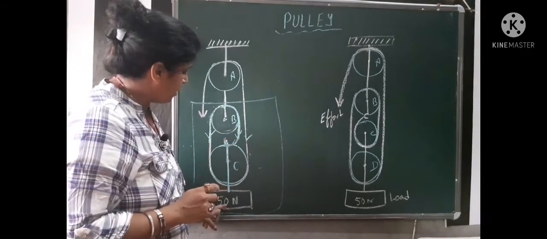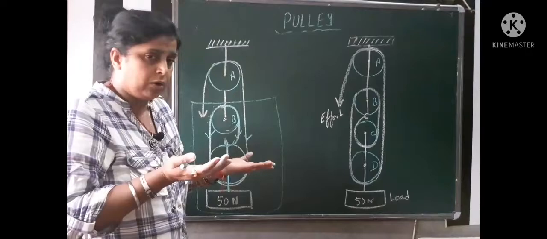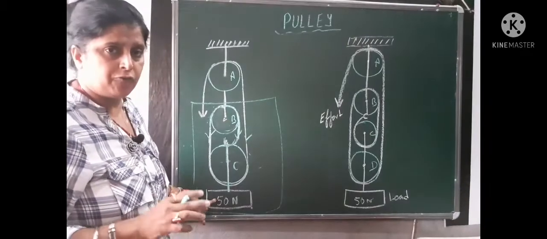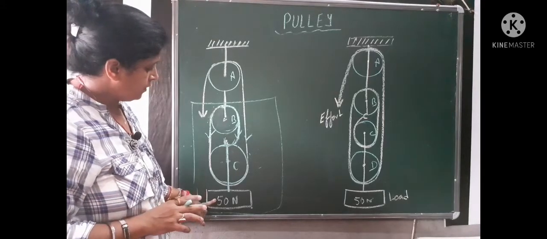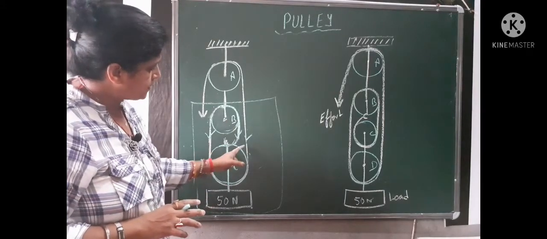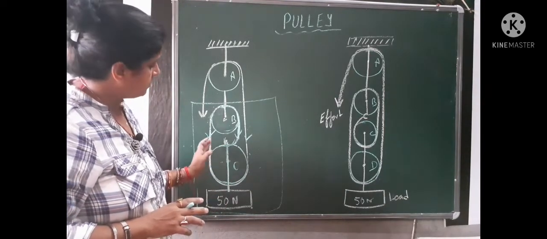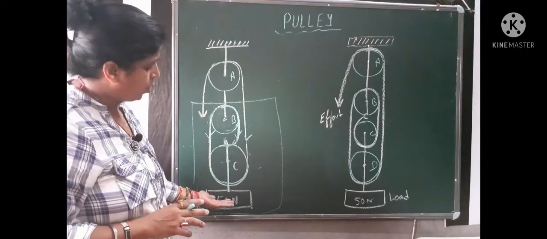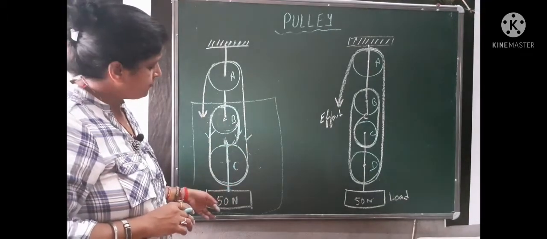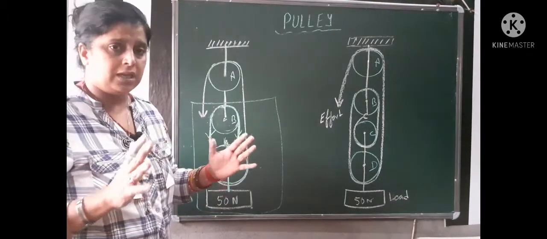So the 50 Newton will be divided into 3 equal parts, because now we will observe that pulley which is near the object of weight 50 Newton, how many ropes are balancing this body? There are 3 ropes which hold this object. So this 50 Newton will be divided into 3 equal parts.